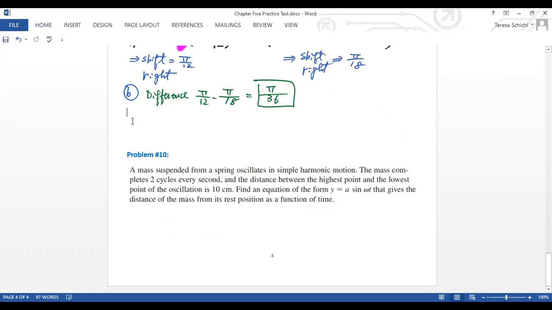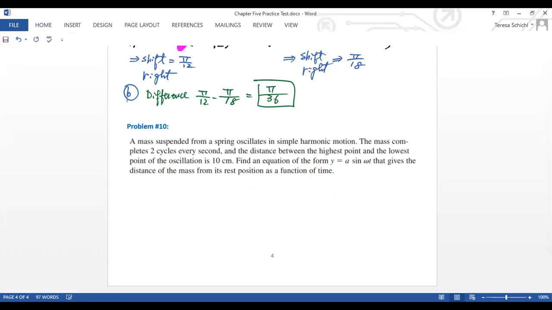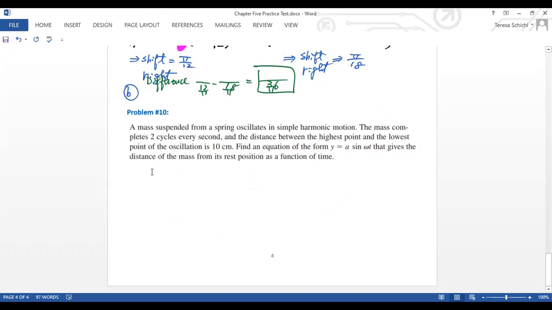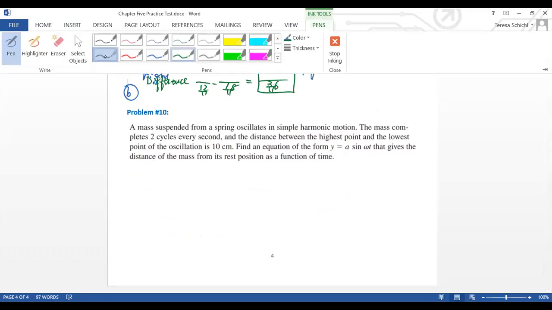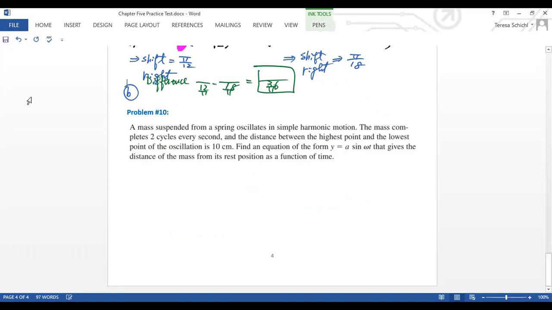So now let's take a look at the last problem here. This is the word problem. It's a very interesting word problem, right? It says a mass is suspended from a spring oscillating in simple harmonic motion. The mass completed 2 cycles.